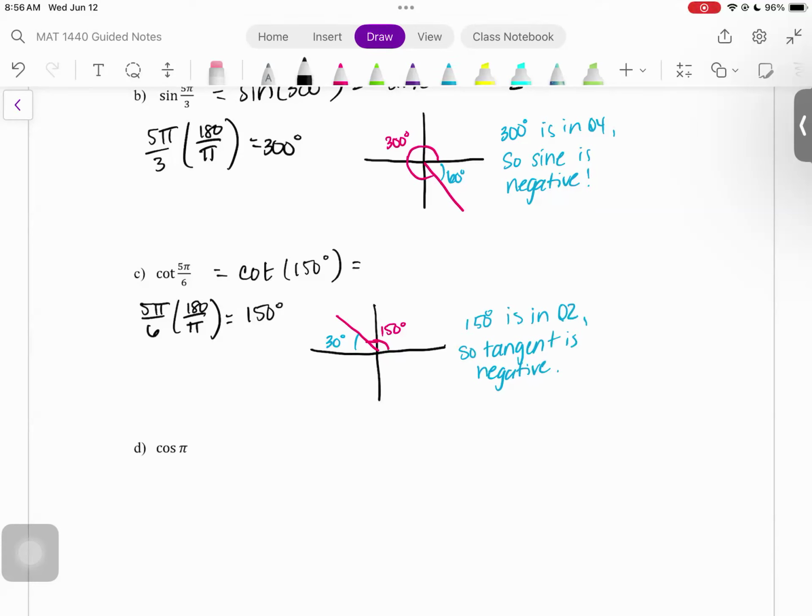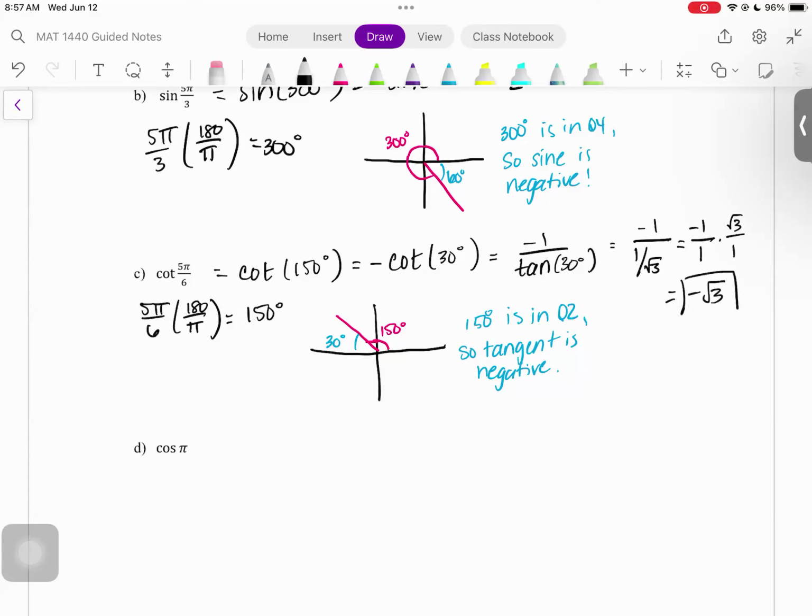So this is equal to negative cotangent of 30 degrees, or negative 1 divided by tangent of 30 degrees. Tangent of 30 degrees is 1 over the square root of 3. So this is the same as negative 1 over 1 times the square root of 3 over 1, or negative square root of 3 for our final answer.